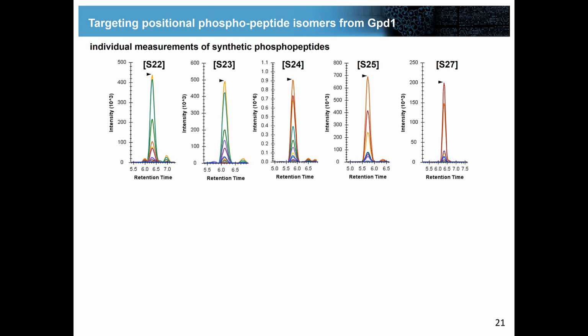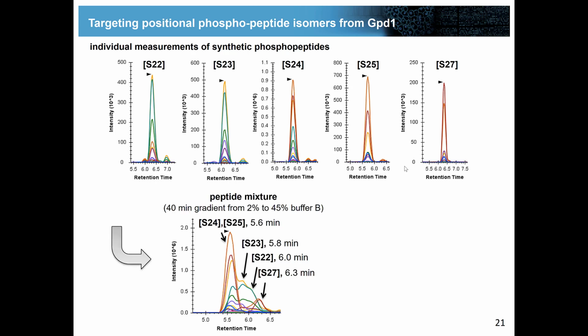Also for GPD1, I had all the 5 different phosphopeptide versions measured individually. And you can see they all showed a unique fragmentation pattern. And when I mixed those 5 peptides together into pools, I got quite a complicated mixture and overlay of peaks.